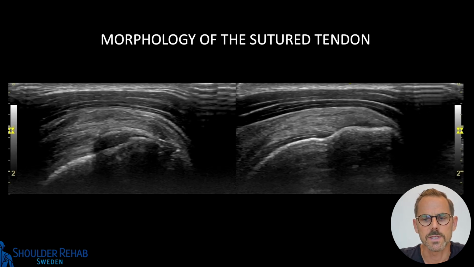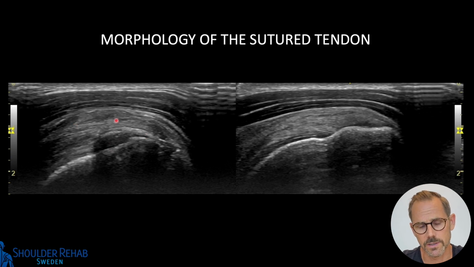And we should say something also about the morphology, the appearance of the sutured tendon, especially over time. In the beginning, this is quite some time after the surgery, so this is the healthy side and this is the sutured side.